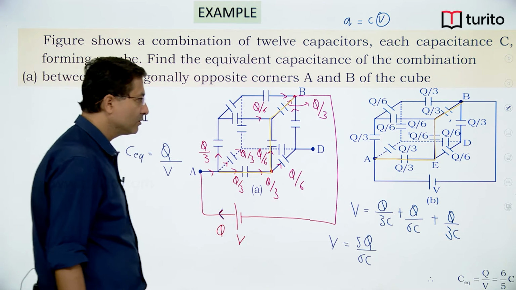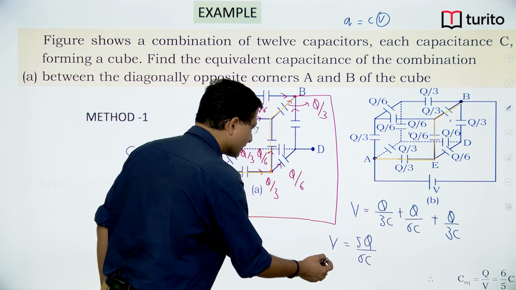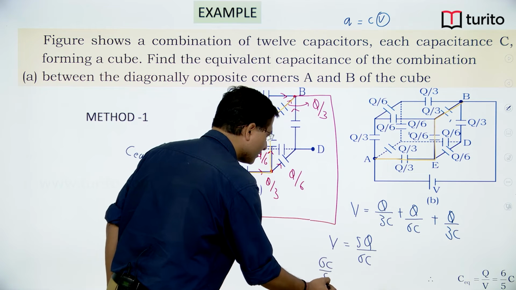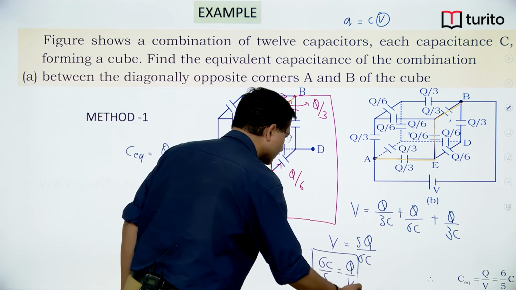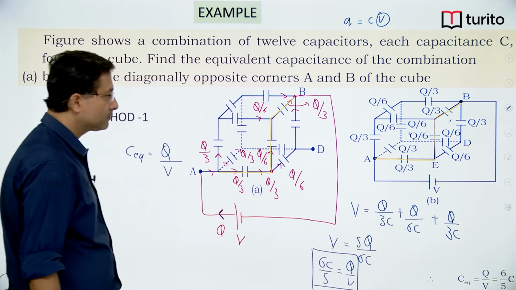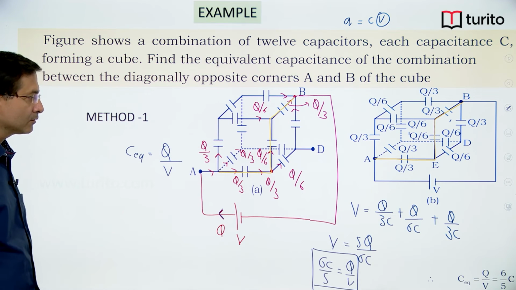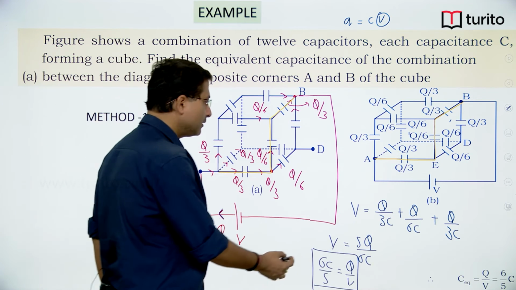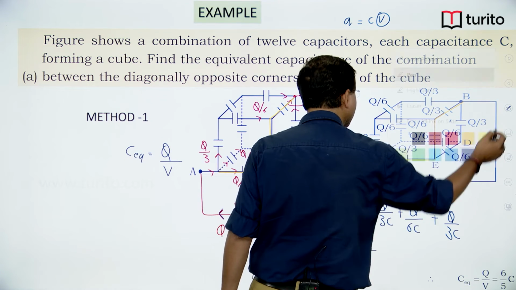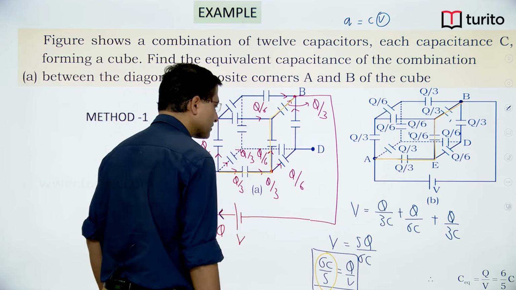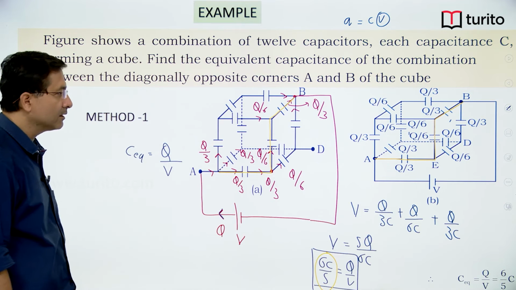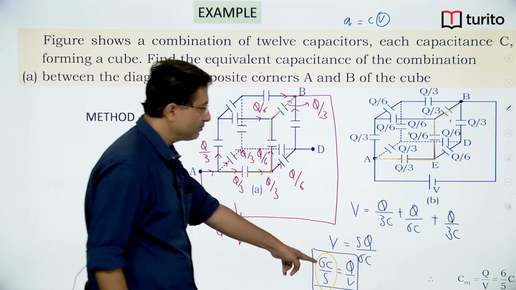What is this ratio? If I simplify, I can write 6C by 5 must be equal to q by V. So, what we are getting on the other side must represent the capacitance. The capacitance of the arrangement will be 6C by 5.